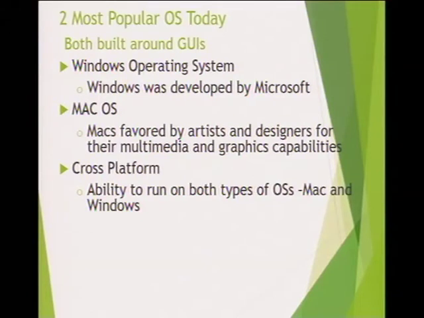The Windows operating system is developed by Microsoft. The Mac, as we have said, is developed by Apple. Macs are mostly favored by artists and designers for their multimedia and graphic capabilities. Then we have what you call cross-platform, that are able to use the operating systems of Macintosh and also Windows.